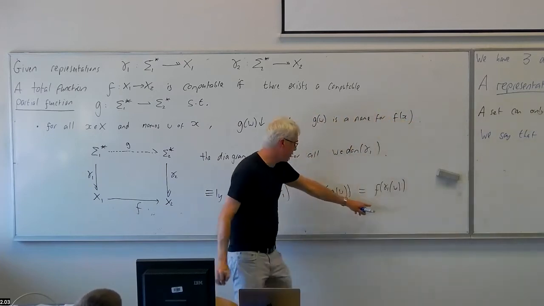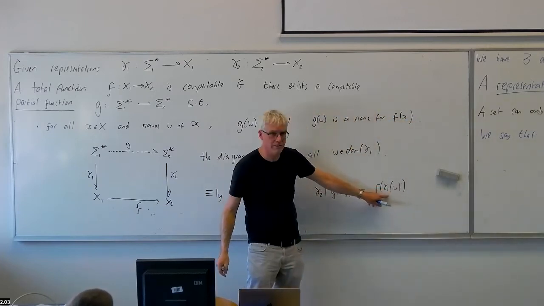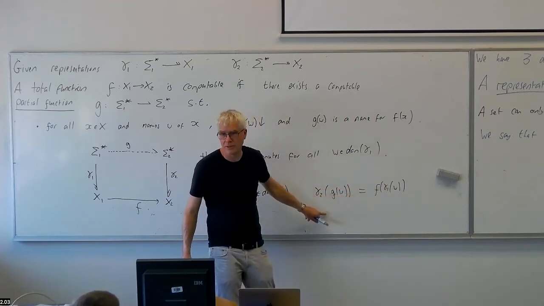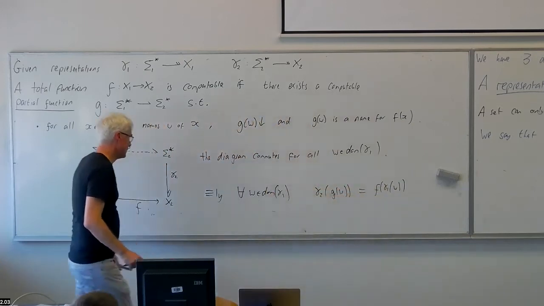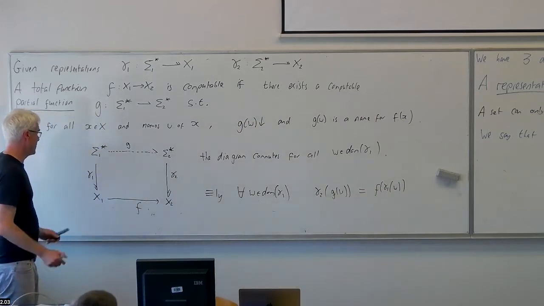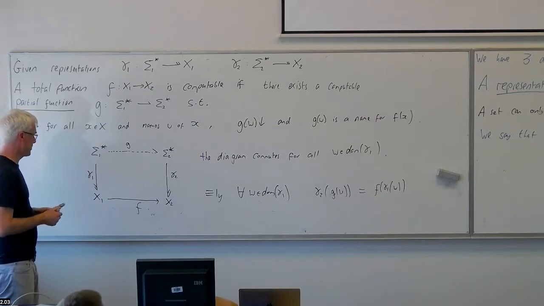So it's necessarily defined because w is in the domain of gamma 1 and f is a total function. So this side is defined, so for it to be equal, this side must be defined. Okay, so that's what it means for a total function f to be computable.